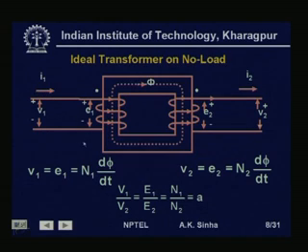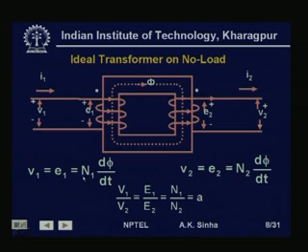Now, what will be the magnitude of this induced voltage E1? V1 is the applied voltage, which will be equal to E1, because we have assumed there are no losses or no voltage drop taking place. Therefore, V1 is equal to E1, and what will be the value of E1?